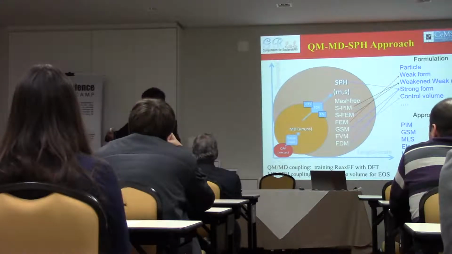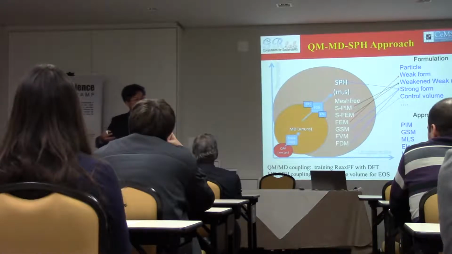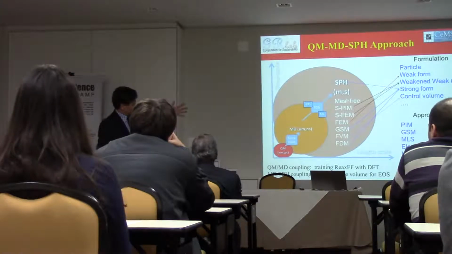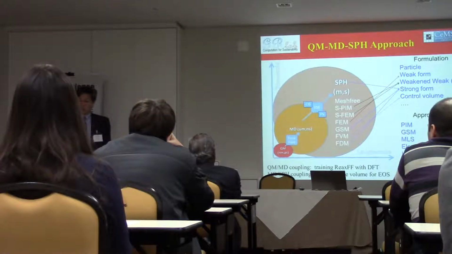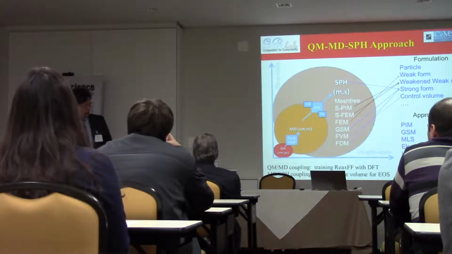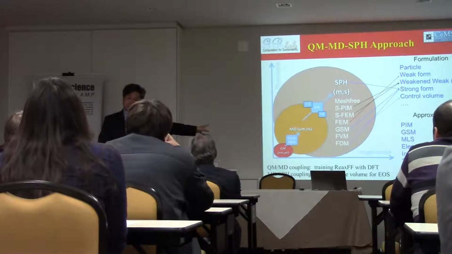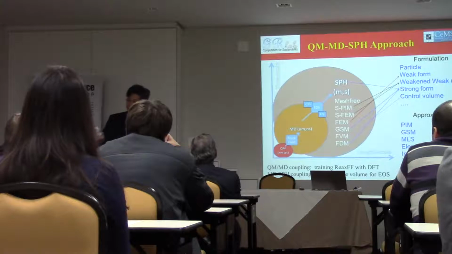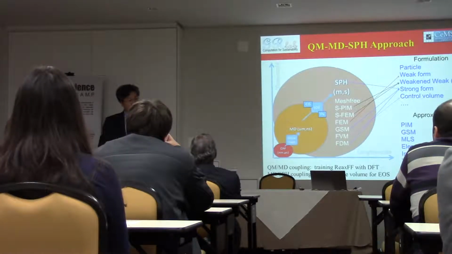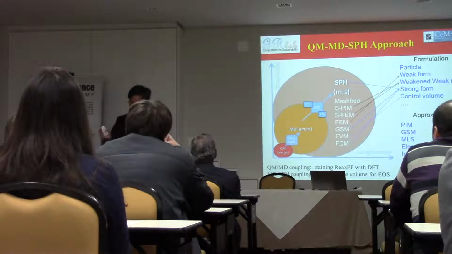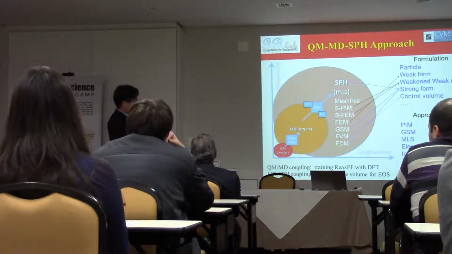Because when you do weak form formulation, you have to do a lot of operations, for example the integration, because weak form always deals in an integral form, so you have to do numerical integration. Whereas if you just do strong form formulation, you do not have to do that. Also, solid mechanics is governed by a partial differential equation that is symmetric in terms of spatial differentiation.